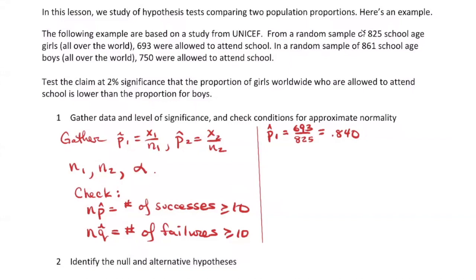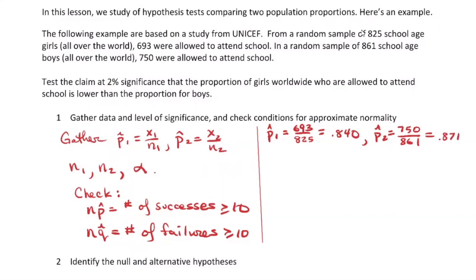And then we'll get our p hat 2 here, that's with the boys. There were 750 boys going to school out of 861 of them. That's 87%, I'll say 0.871.